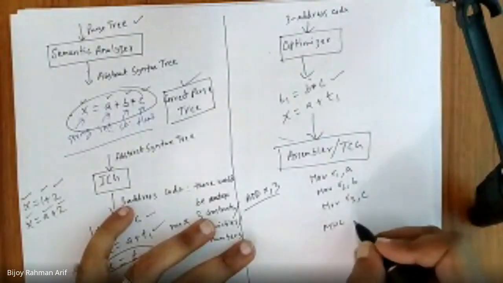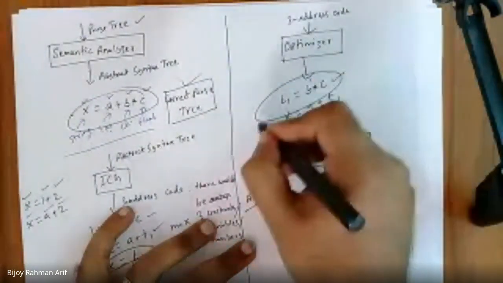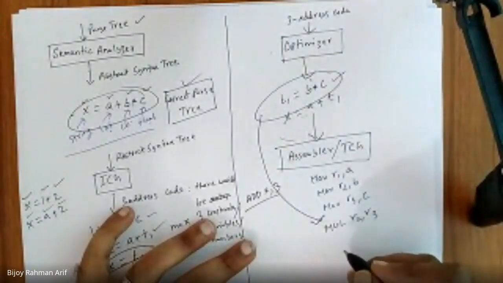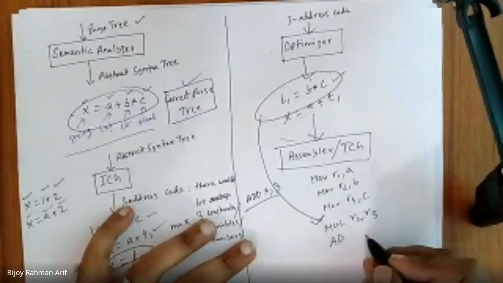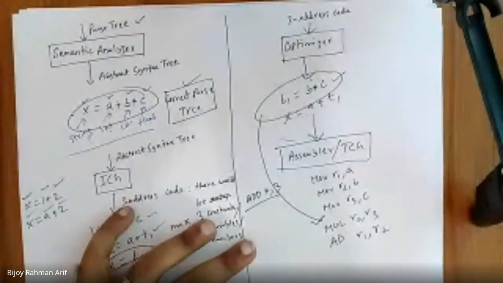Simple: mul R2 R3. Direct mapping. Then what would be this? Add R1 R2.